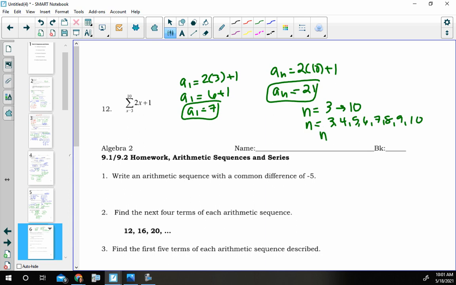So there are 8 terms. So S of 8 is equal to 8 divided by 2, 7 plus 21, which is 112. Okay.